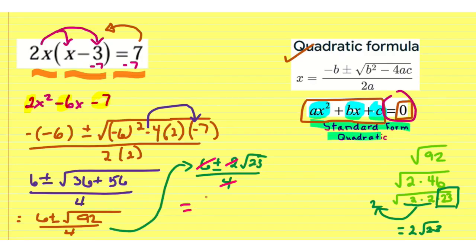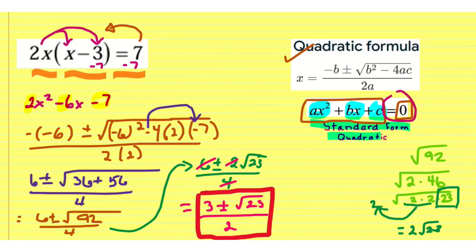That's going to be equal to 3 plus or minus 1. I'm going to let it be invisible. So I just go back to radical 23 right there and realize that I have an invisible 1 right there. And then 2 fits into the 4 two times. So that is going to be my final answer.